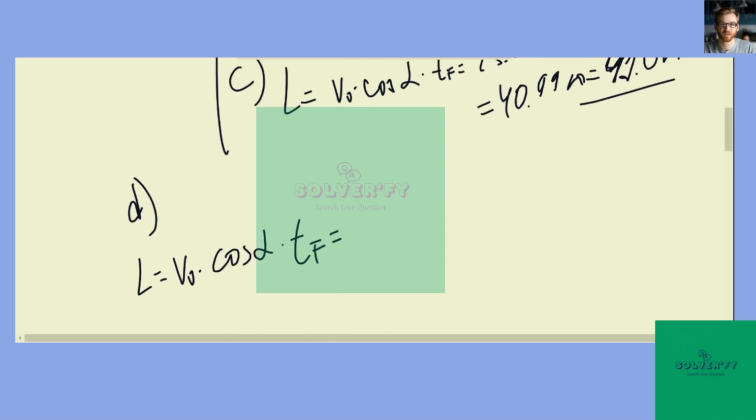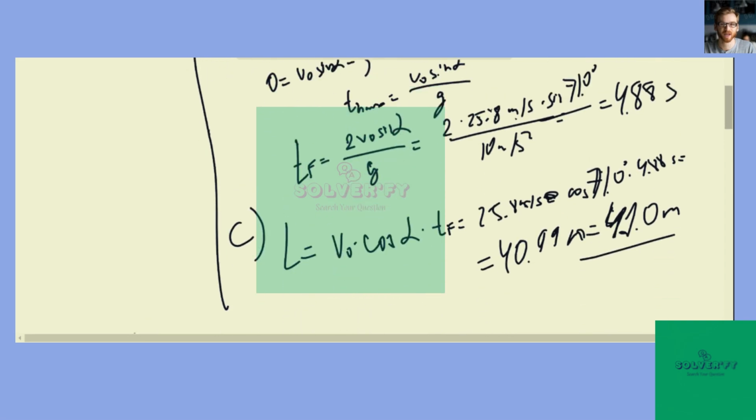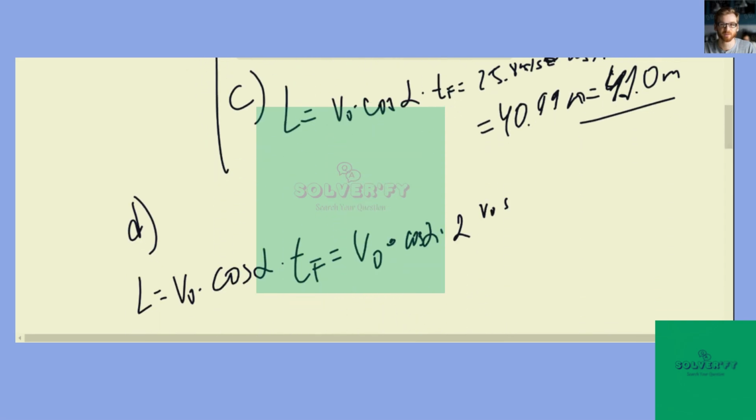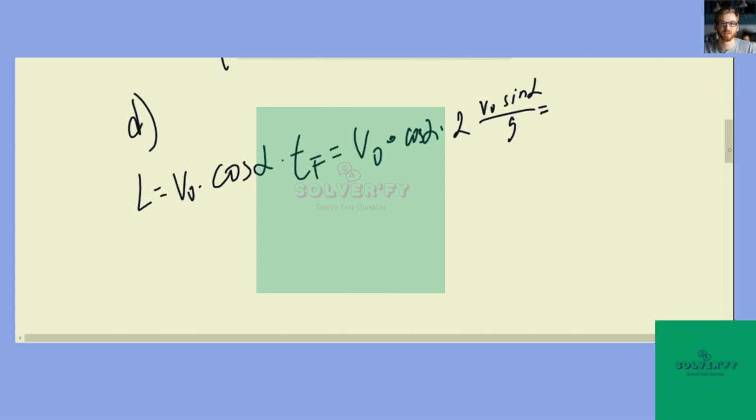So therefore it equals v0 times cosine alpha times 2 v0 sine alpha over g. Let's simplify this function.